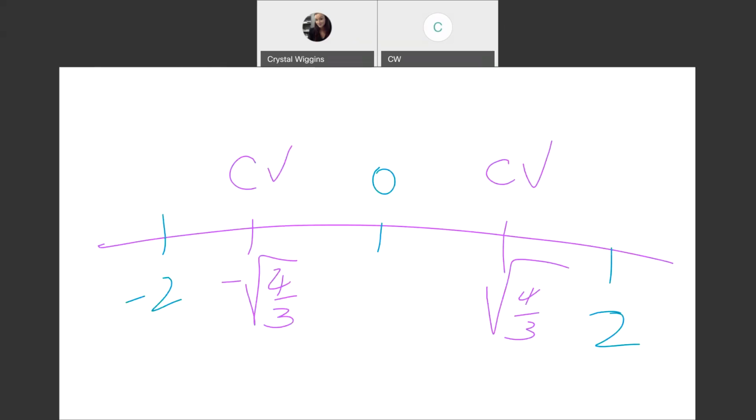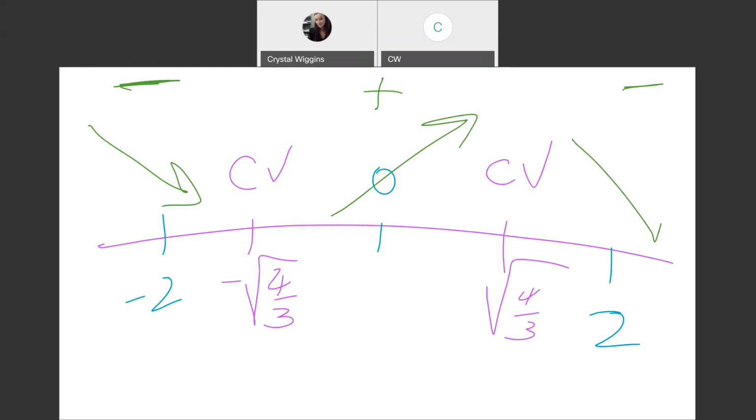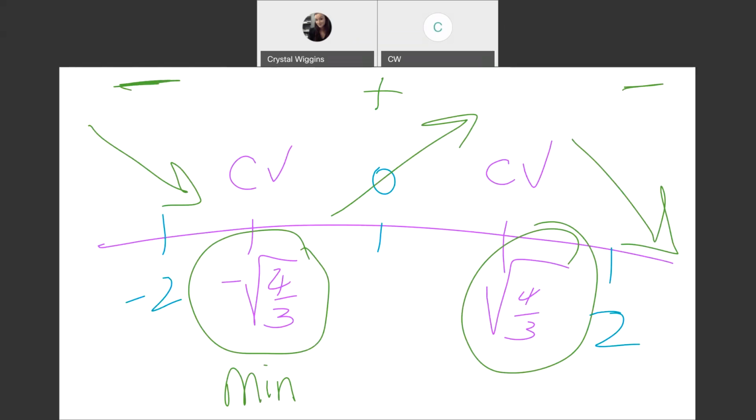And we have found that the derivative at -2 was negative, so we're decreasing. The derivative at 0 was positive, increasing. And the derivative at +2 was negative, decreasing. So we can see that the negative square root of 4/3 looks like a minimum, and the positive square root of 4/3 looks like a maximum. So that's what we know so far.